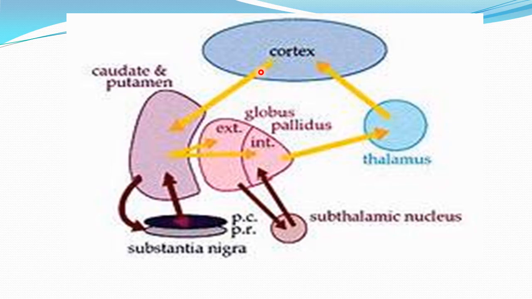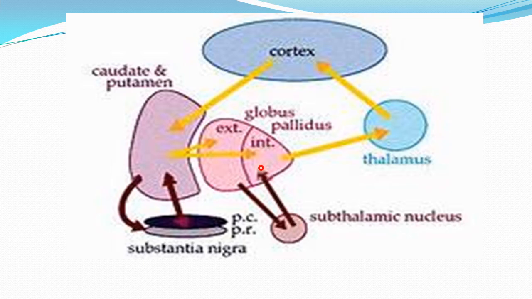In the indirect pathway, cortex again releases glutamate, which is excitatory. Here this nerve is excited and releases GABA in the externus. This again is GABAergic fibers. It passes to the subthalamus. This subthalamus has excitatory fibers.